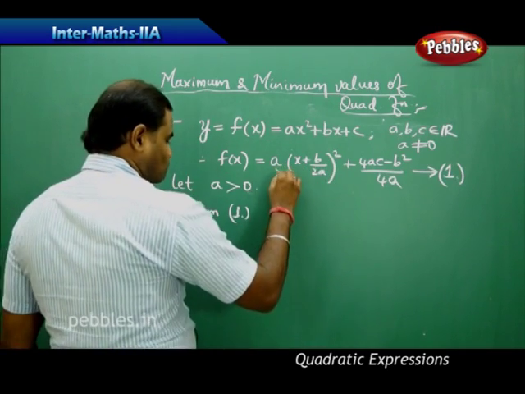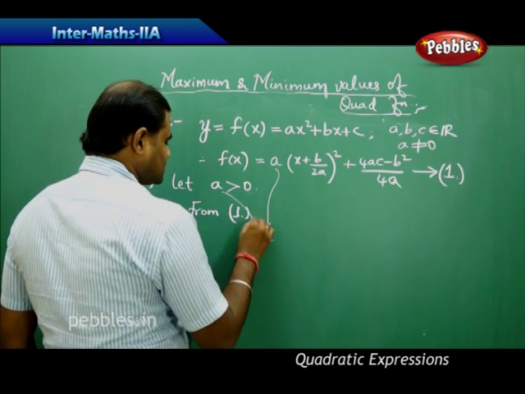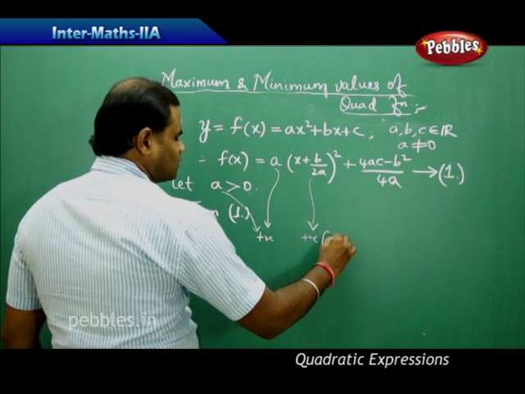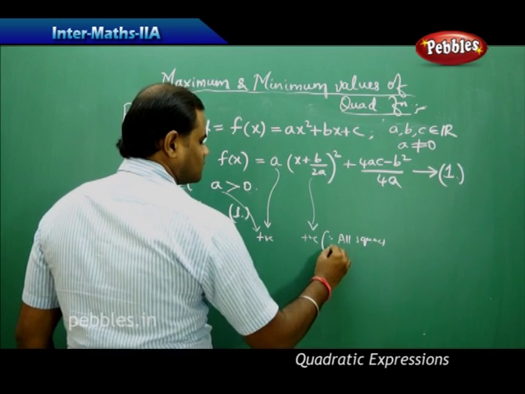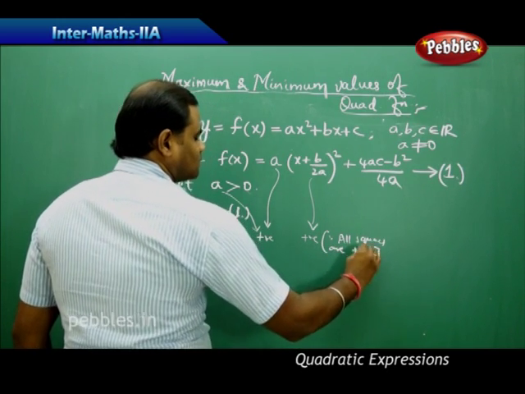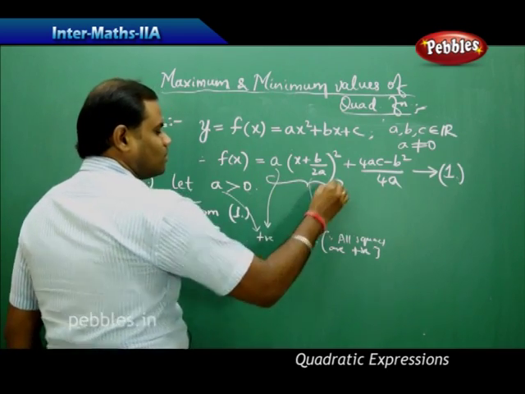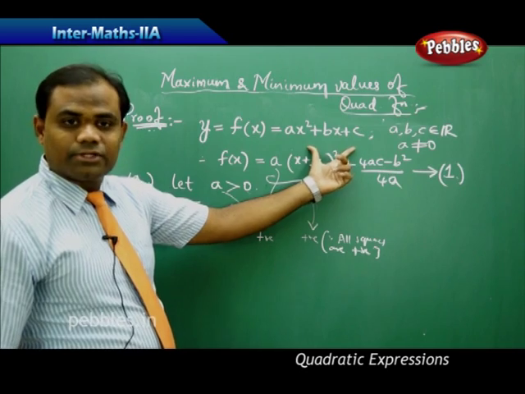So this being positive since a is greater than 0, and this is positive since all squares are positive. Therefore, the whole of this term is positive because a greater than 0 and squares are greater than 0.